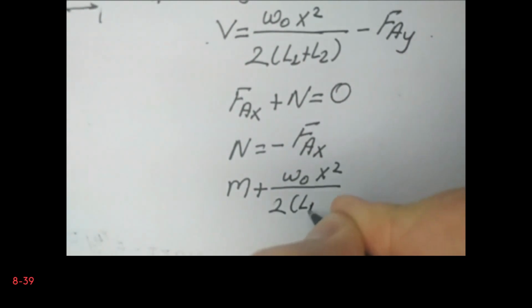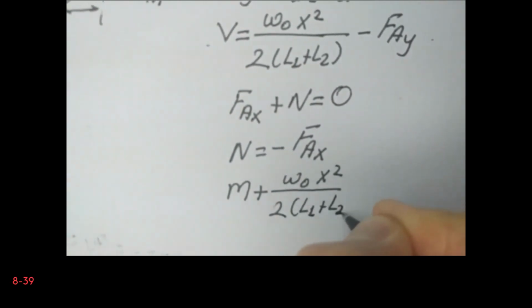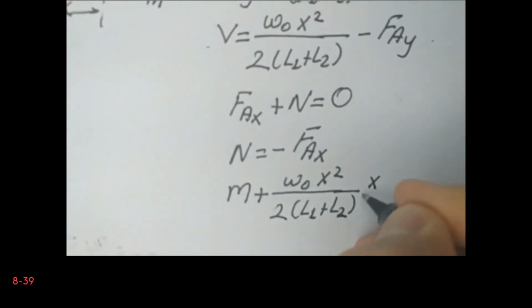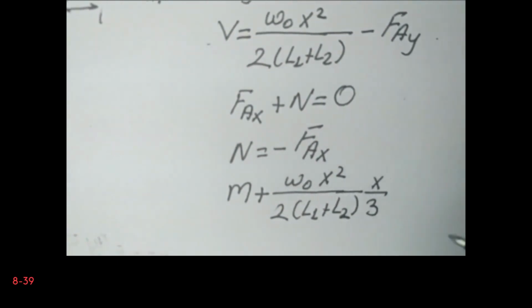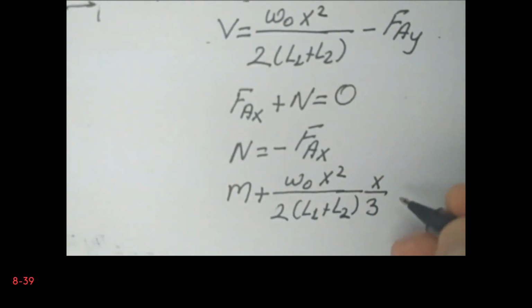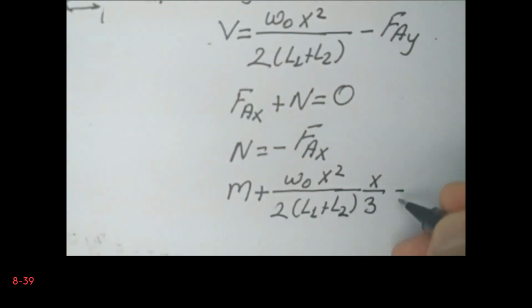And then the moment generated by the Fay is in the opposite direction to the M. So the moment generated by the Fay is clockwise, Fay multiplied by x, and that's equal to 0.